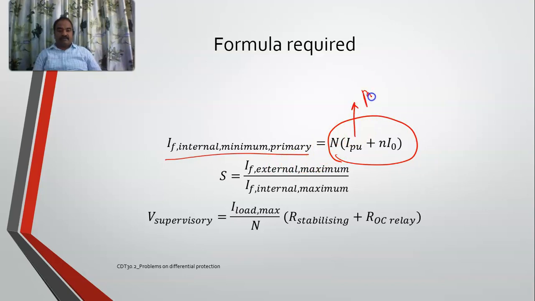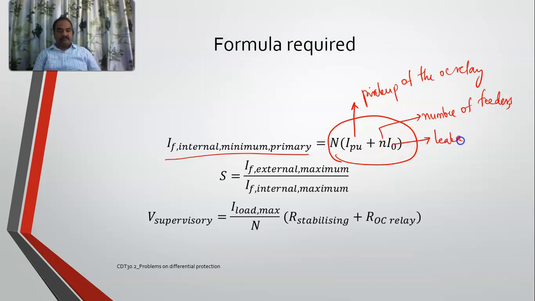I PU is the pickup value of the overcurrent relay, small n is the number of feeders, both incoming and outgoing combined, I is the leakage current, and N is your transformation ratio, the CT ratio.